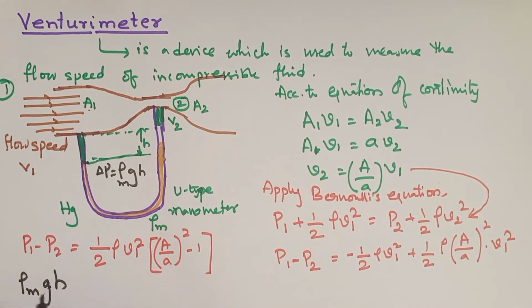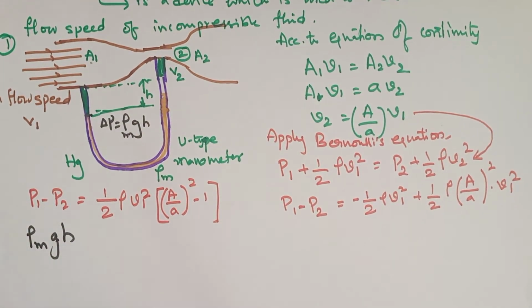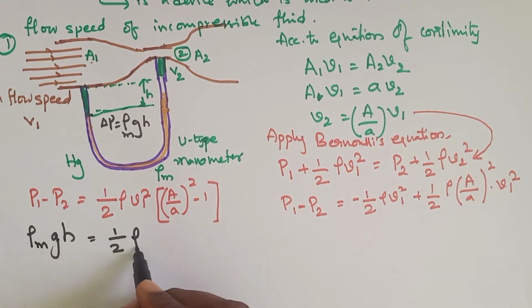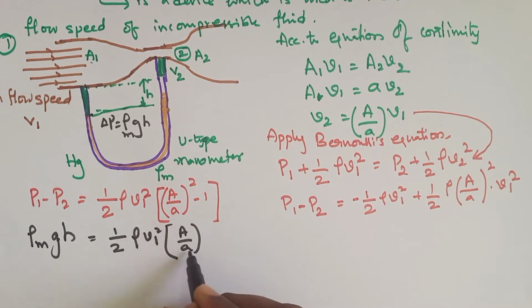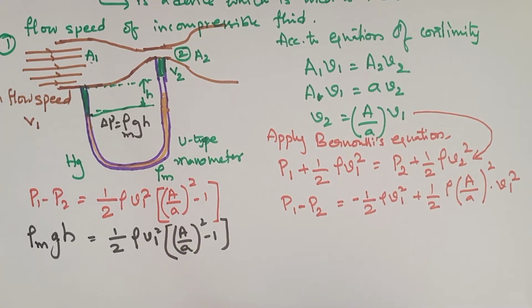So rho m g h is equal to half rho V1 square into A by a whole square minus 1, right? Now what is V1 actually?